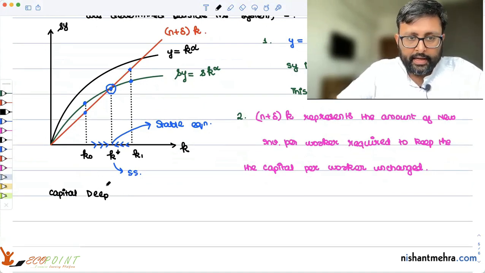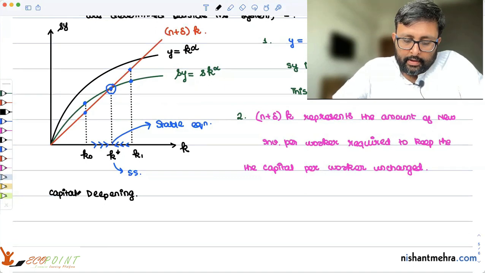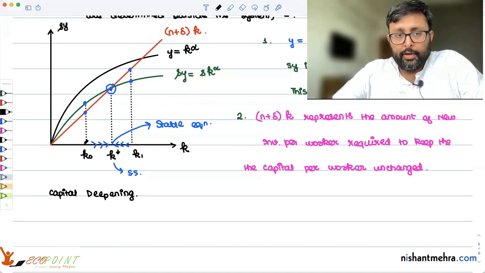Capital deepening: when the number of machines you're adding per worker is more than the number of machines that need to be added per worker, then capital per worker is increasing. So when this change is positive, you say that the capital is deepening.